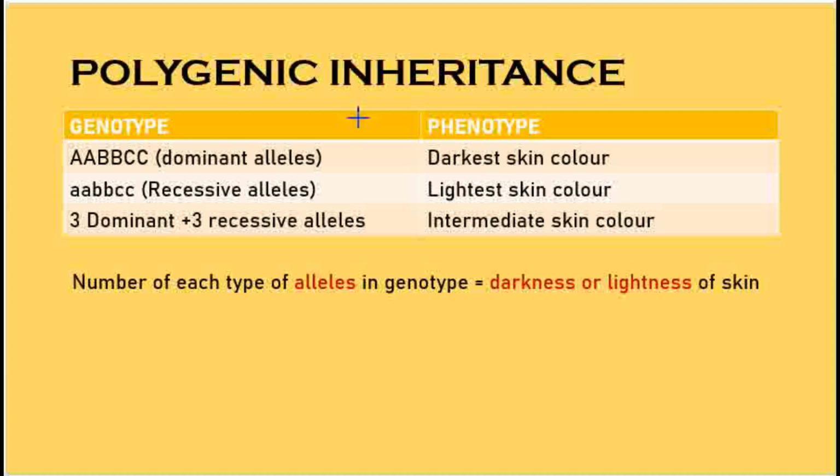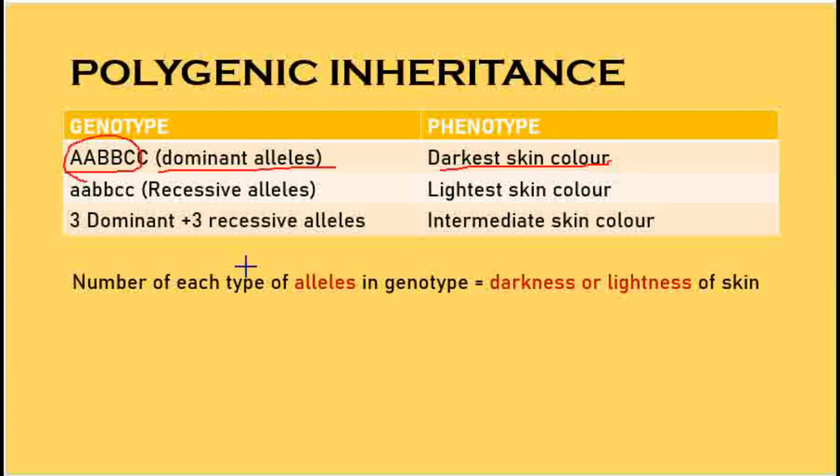If the genotype of the offspring has only dominant alleles, what will be the phenotype of the individual? It will result in the darkest skin color. Not only dark, darkest, because all the alleles are dominant here.